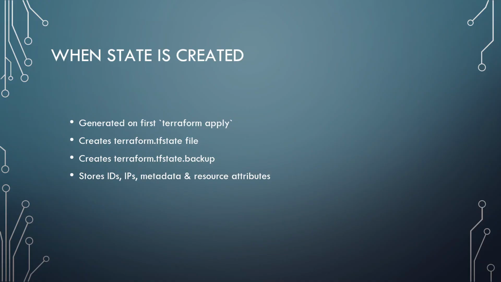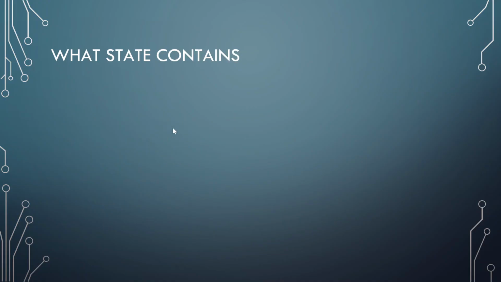So what we understand is that during the first terraform apply, it will build the resources, capture all the AWS or Azure resources you are creating with the provider, save them in the terraform.tfstate file, create the terraform.tfstate.backup file also, and store IDs, metadata, and resource attributes.